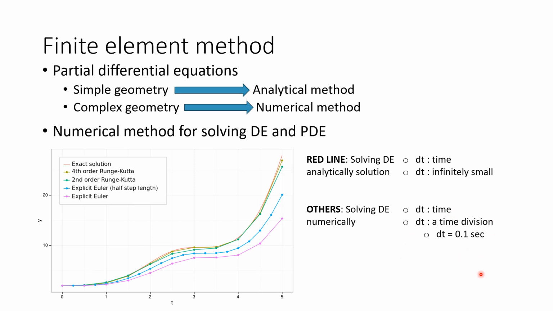This is similar to the analytical solution, because there the dt is infinitely small, so if we get the dt to infinitely small, it will give back the original function. The question is always whether it needs to be this hard. Do we need this kind of resolution?